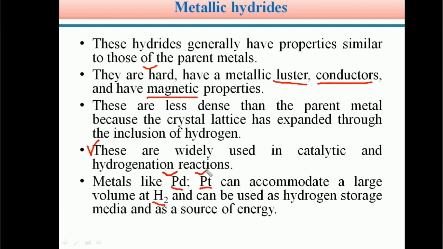Therefore, these are used as hydrogen storage media. In order to store hydrogen gas, these palladium or platinum metals are used, as a source of energy. About hydrogen storage and hydrogenation reactions, you can learn clearly in your higher classes.